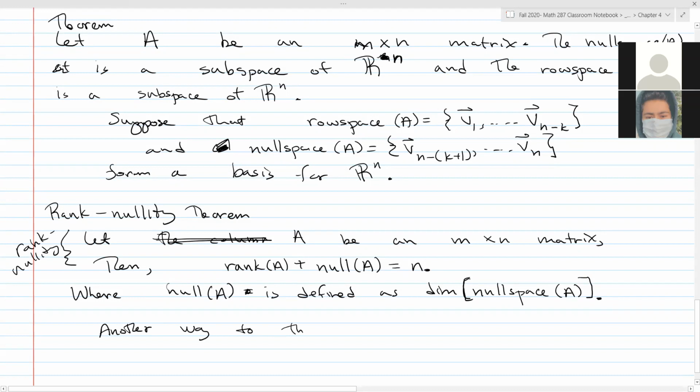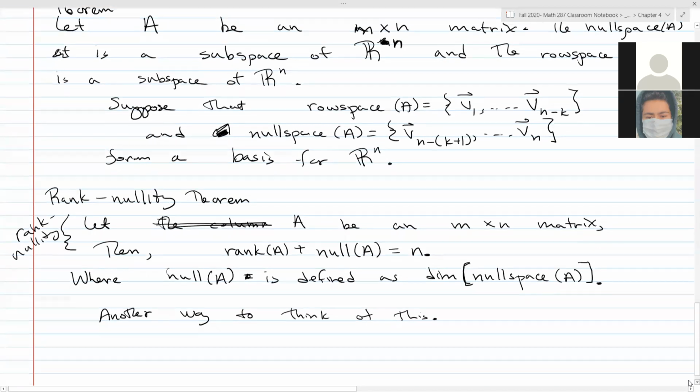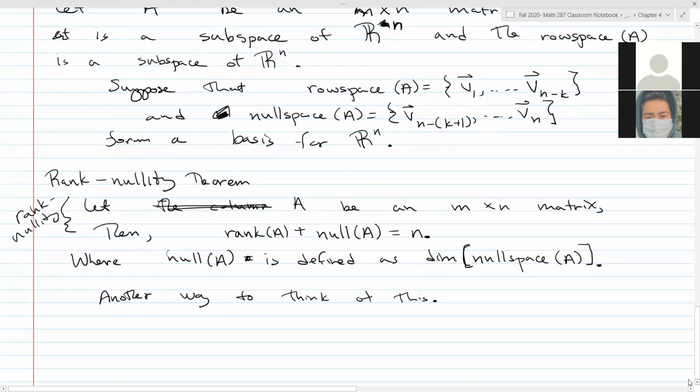Another way to think of this: the rank of A is the number of non-zero rows in A, plus the dimension of the null space of A, which is the number of free variables in AX equals 0.